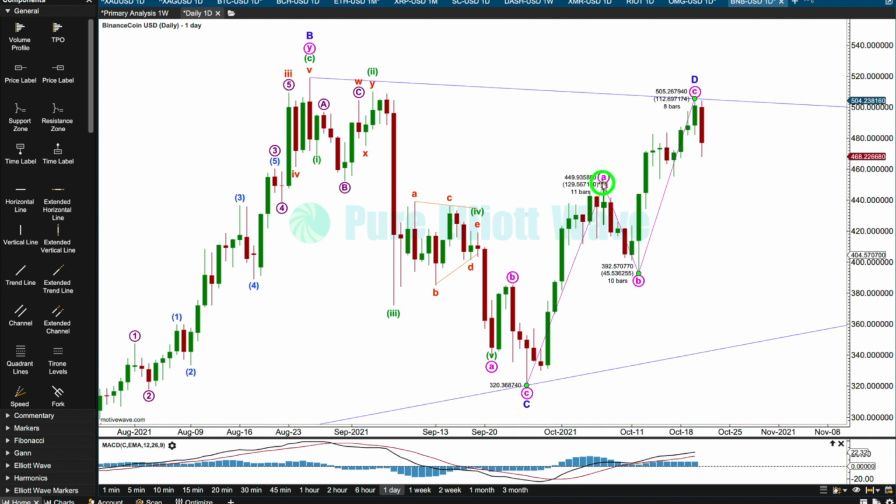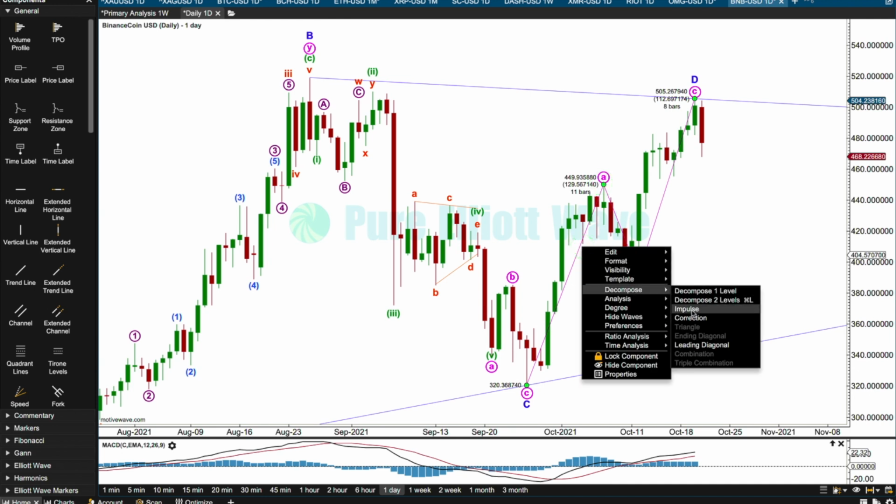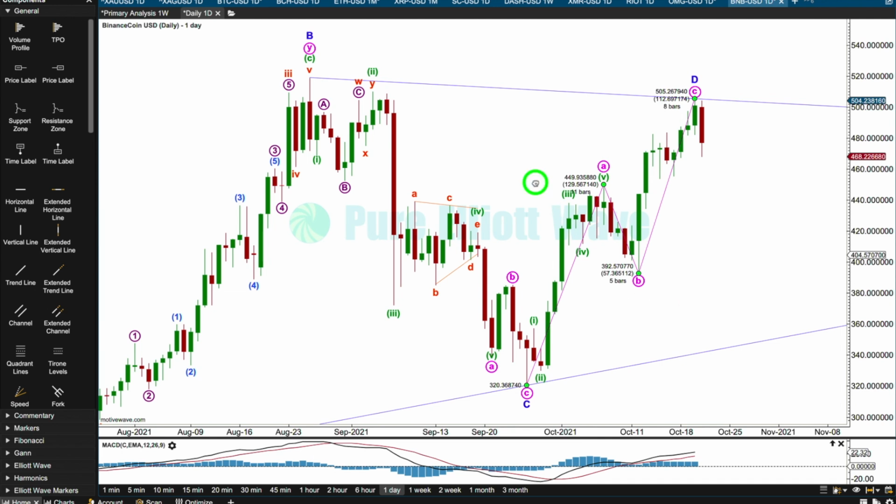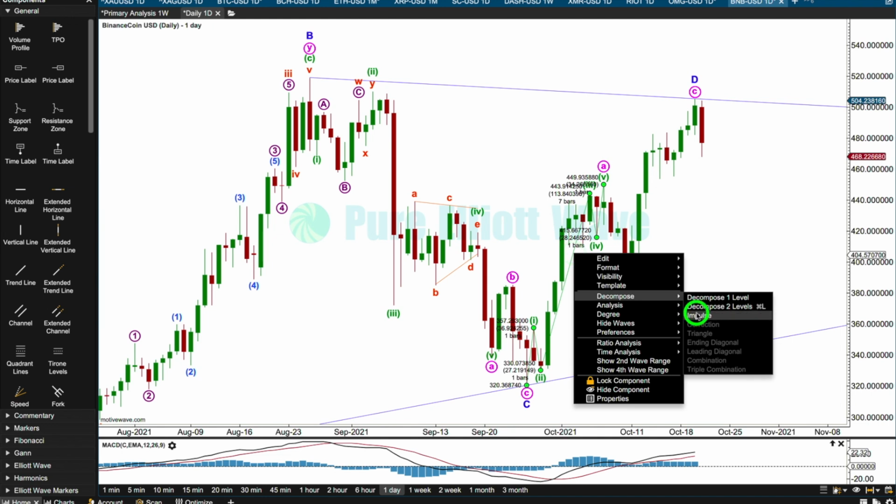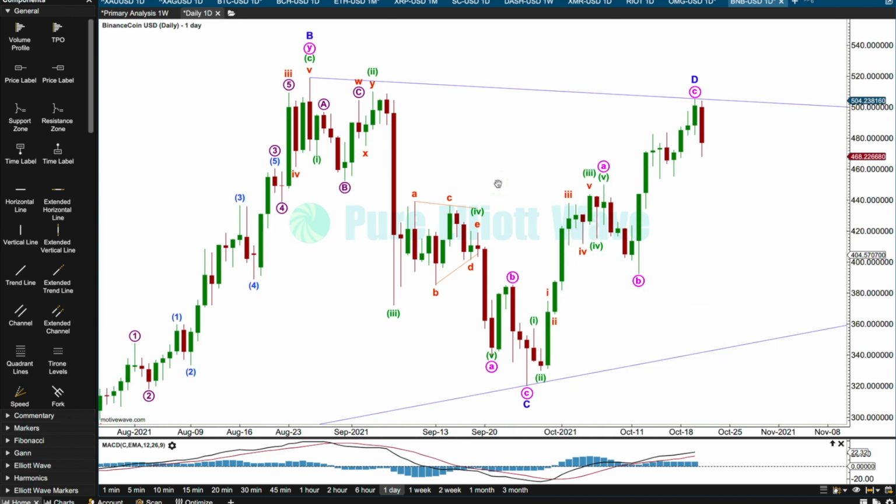I can see a 5 up for A here, and then, yeah, it's not too bad. But then C, that's a huge bearish engulfing candlestick pattern though. It looks like D's over.